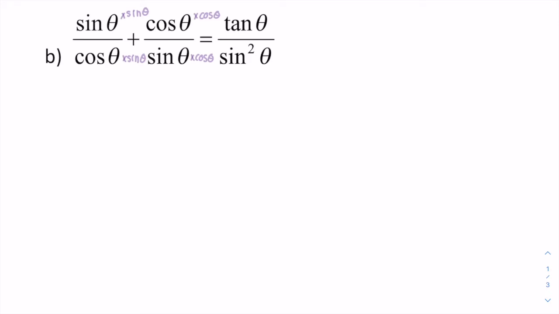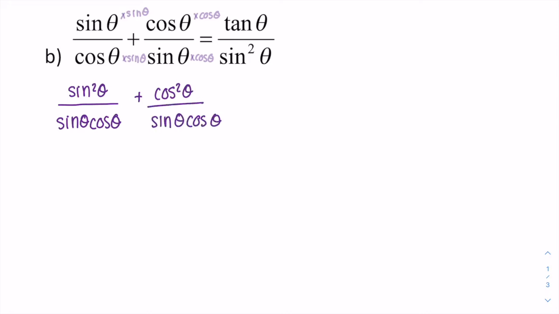So that will give me sine squared theta over sine theta cosine theta plus cosine squared theta all over sine theta cosine theta. And we're still trying to make this equal to tan theta over sine squared theta. So when I add fractions, I keep my denominator and I add my numerators.